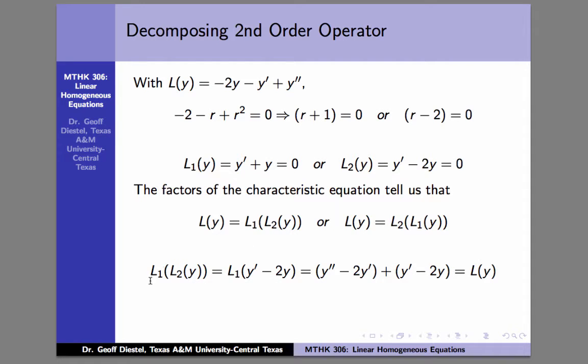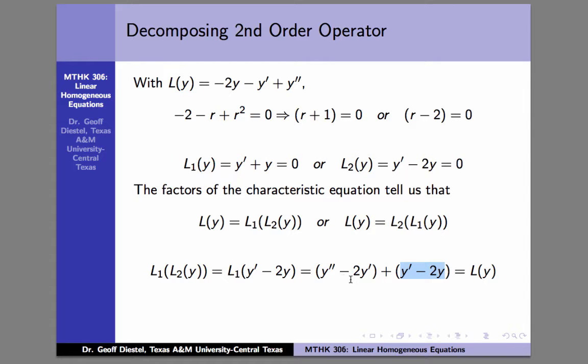In one direction, let's look at L1 of L2 of y. Well, what is L2 of y? Let's plug in what that means. It means y prime minus 2y. So this is the same as writing L1 of y prime minus 2y. Now what does L1 do? It takes whatever you have as your input, it takes the derivative of that, and then adds to it the function itself. So the derivative of this is y double prime minus 2y prime, and that function itself is y prime minus 2y.